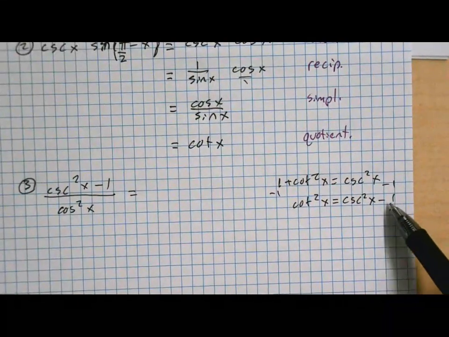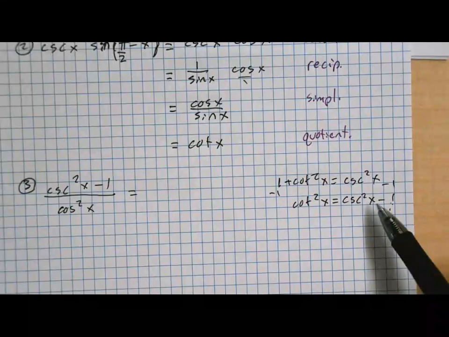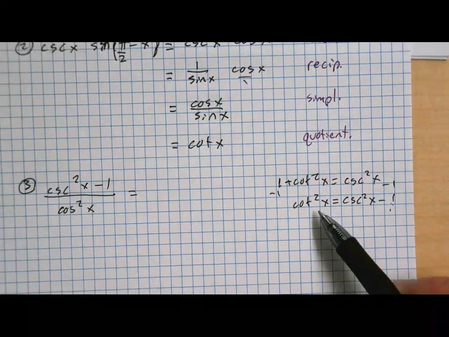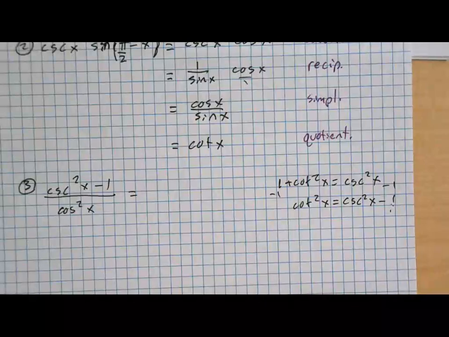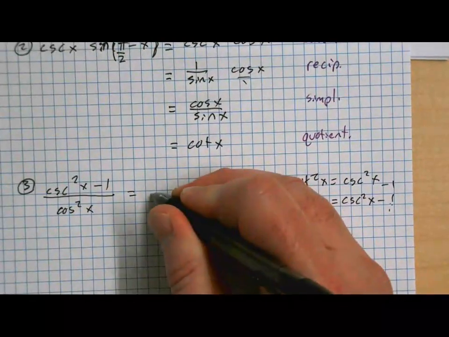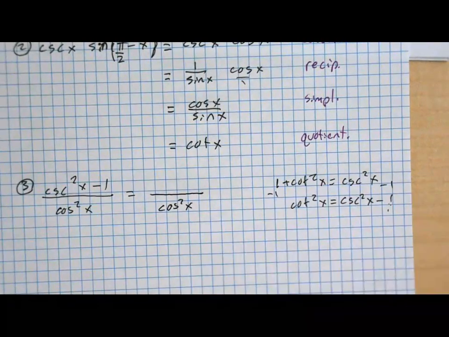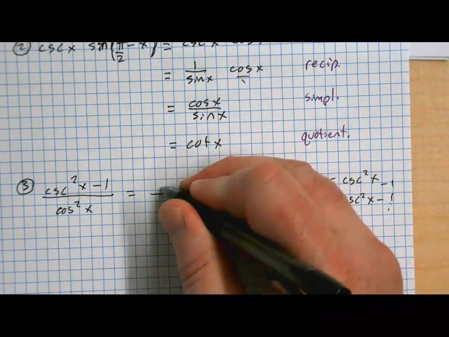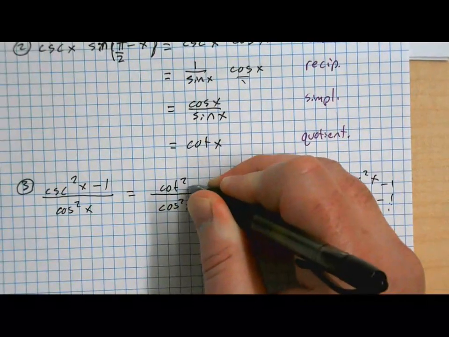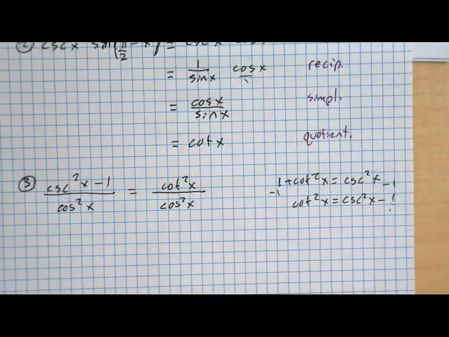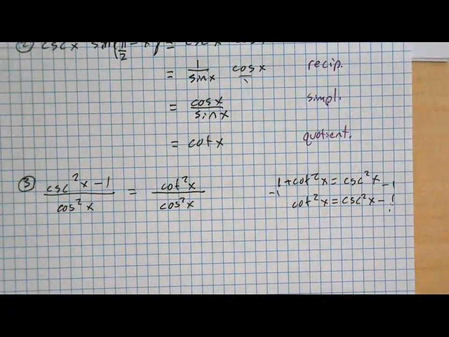And so this thing that's in my problem can just be replaced with cotangent squared x. So that's going to be my first step. I'm going to leave this cosine squared x alone on the bottom and turn this into cotangent squared x on the top. That would be a Pythagorean identity.